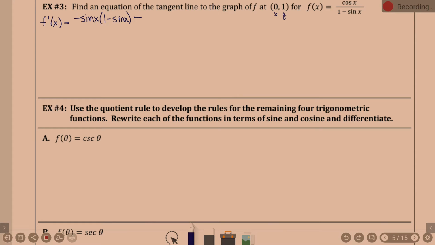The derivative of 1 is gone. The derivative of sine is cosine. Since this is a minus sign, we're going to say minus cosine times the numerator, which is cosine x, all over 1 minus sine x quantity squared.